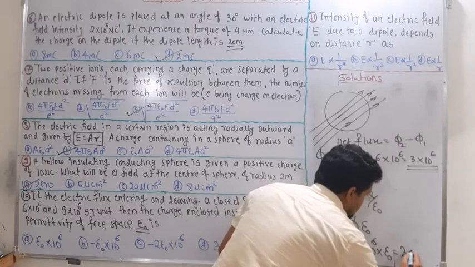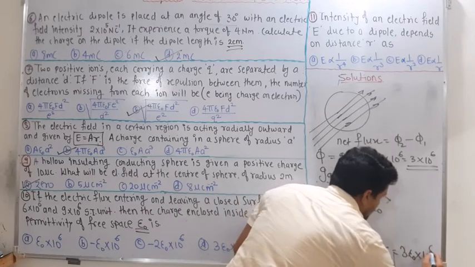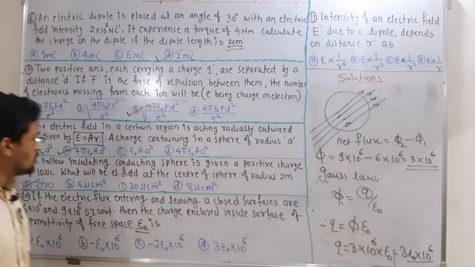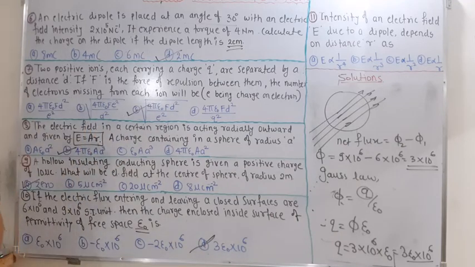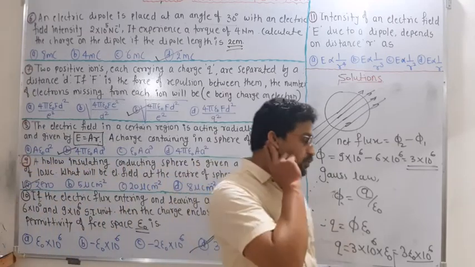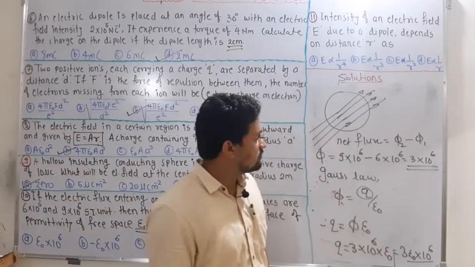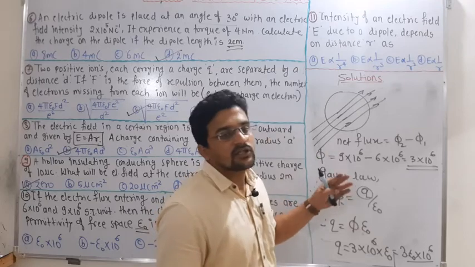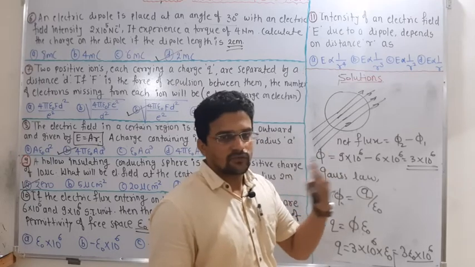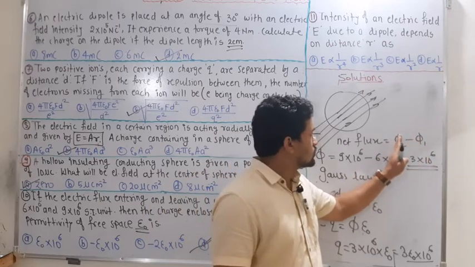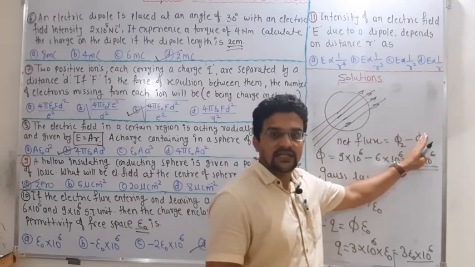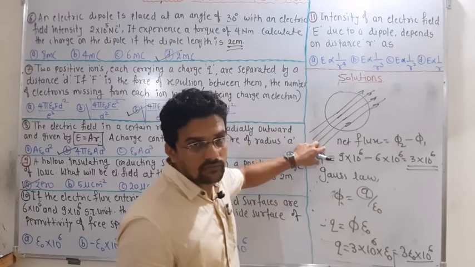So it can be written as 3 epsilon naught multiplied by 10 to the power of 6 unit. So option D is correct. Remember, if two electric fluxes are given, then net flux is the difference of those two. You have to take final minus initial. The flux leaving and flux entering the surface will make you the total net.